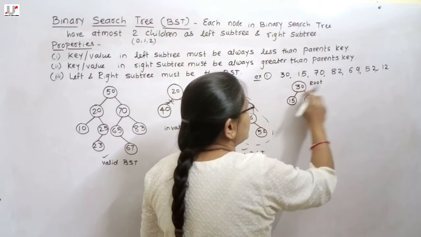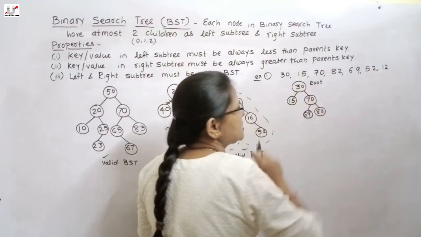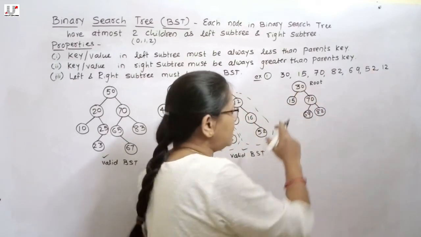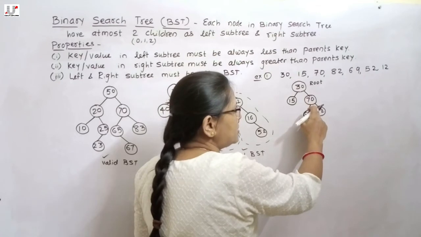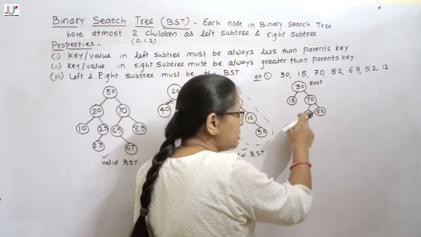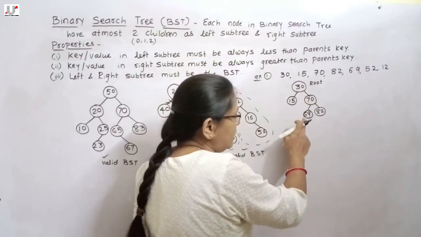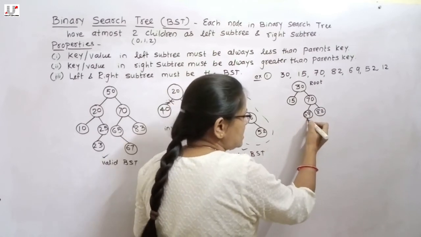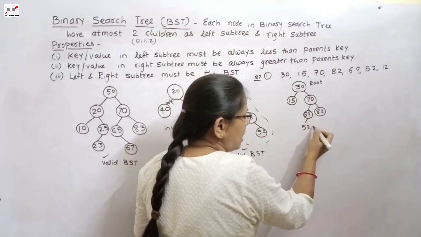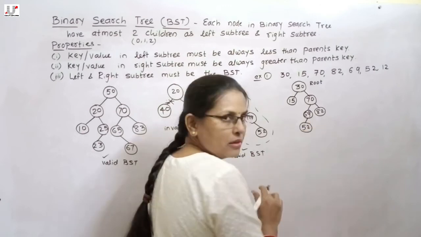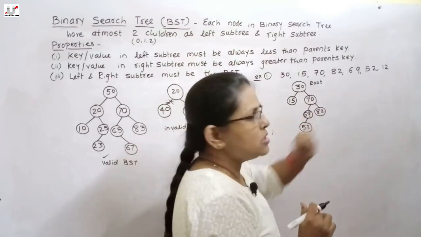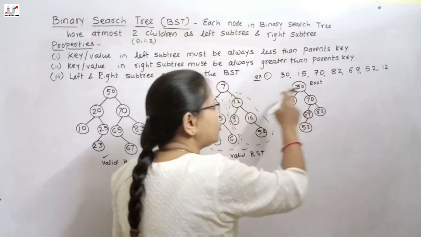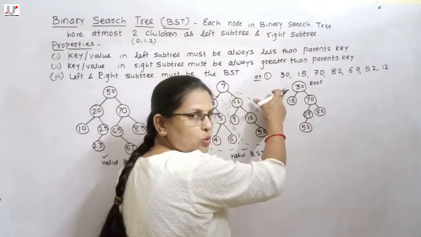Then the next value is 52. 52 first gets compared with 30. It is greater than 30, so move to the right. It is smaller than 70, so move to the left of 70. It is smaller than 69, so 52 gets added as the left child of 69. Then the next key is 12. Again 12 gets matched with the root node first.